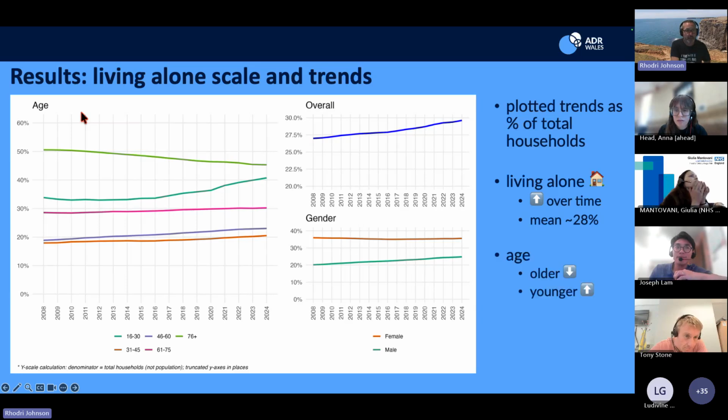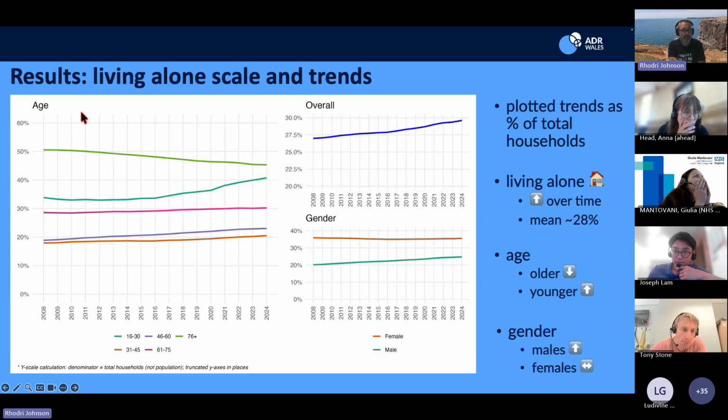Then looking at age, the older people as a percentage seem to be dropping. Yeah, I'm not postulating the reasons why. We could go into that for a while, but the younger population, which are 16 to 30, increasing since around 2016, and the other age ranges marginally increase.